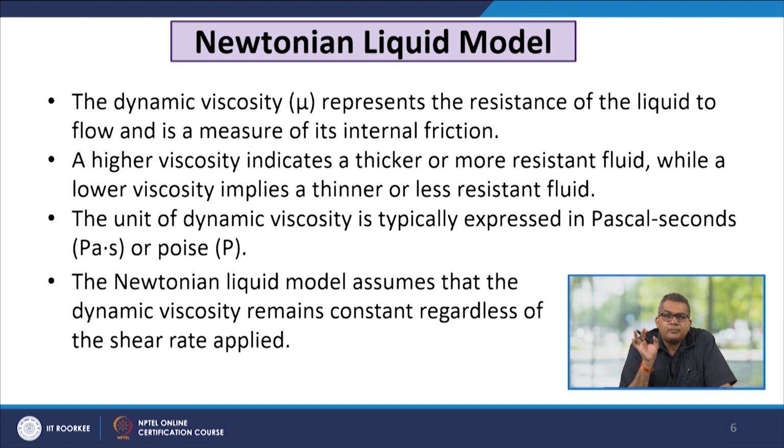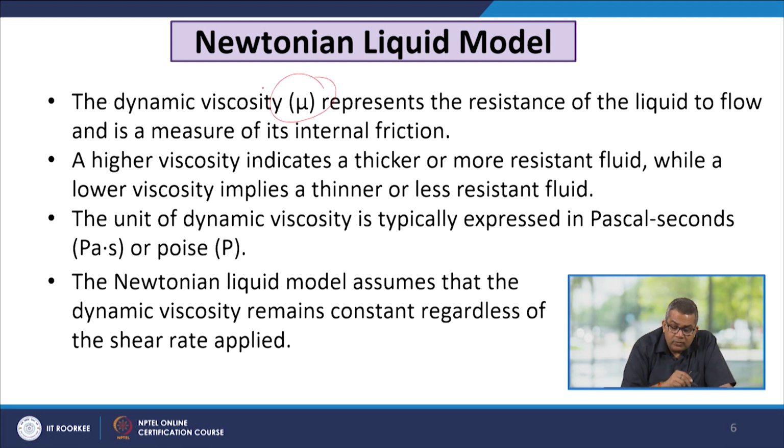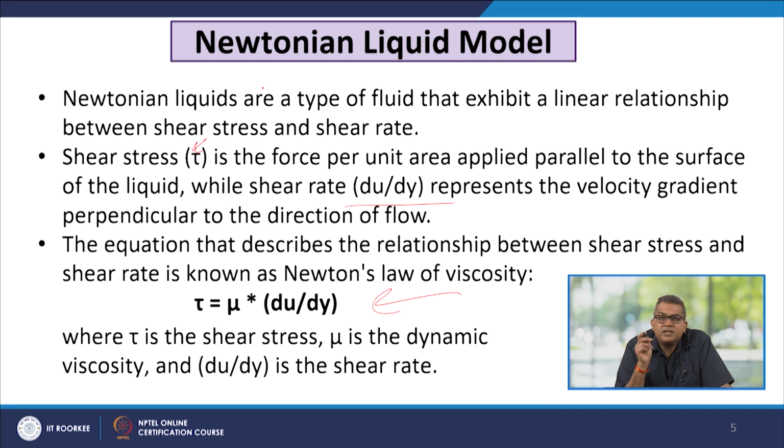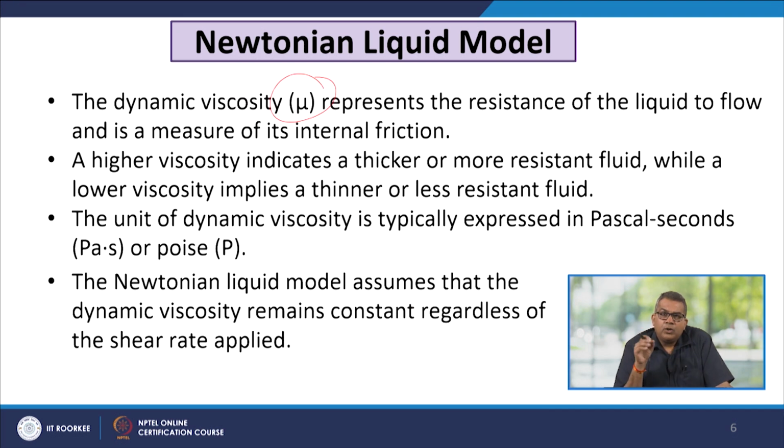The dynamic viscosity mu represents the resistance of the liquid to flow, and it is a measure of the internal friction. So, whenever liquid flows, there is some resistance within the liquid and at the surface. So, this mu represents the resistance of the liquid to flow. A high viscosity indicates a thicker or more resistant fluid, while a lower viscosity implies a thinner or less resistant fluid.